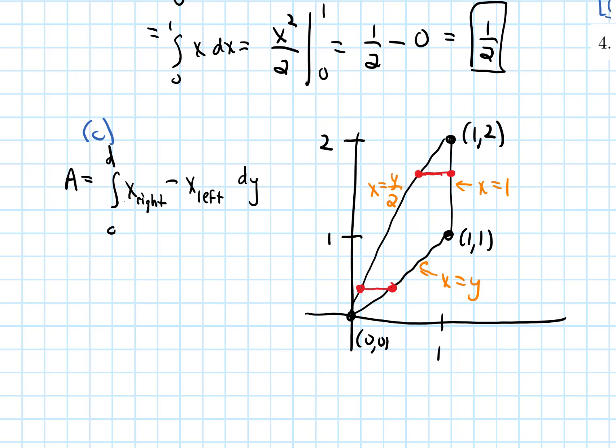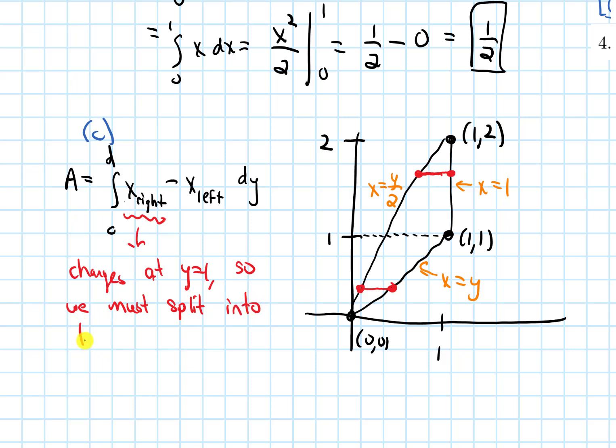So it switches at the y value 1. So the right function here changes at y equals 1. So because of that, we must split this into 2 integrals.